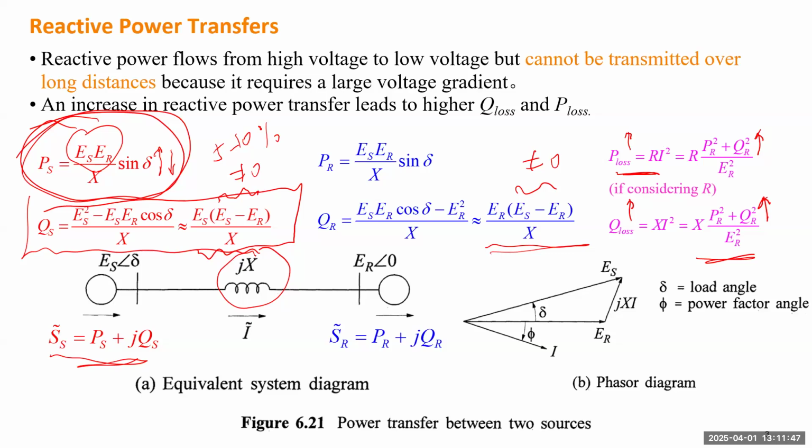Although this formula describes how power is delivered from one end to another end of a transmission line, it also applies to the power delivered from inside the generator to the system, right? If you treat the generator as one end and the system as the other end, and you increase the excitation, increasing the field voltage, that will increase, in this case, ES. That actually increases the power you can deliver to the system from the generator.